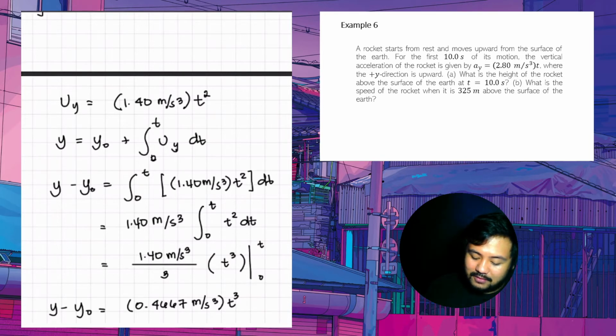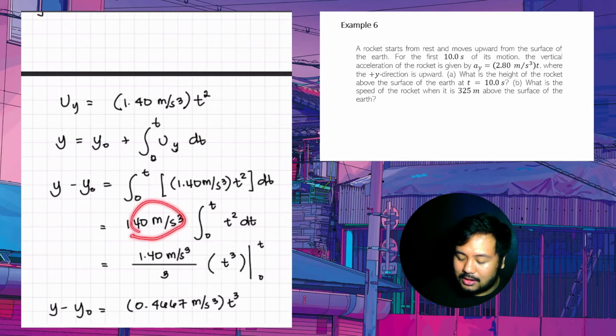So after substituting vy here, we now have the integral of 1.40 meters per second cubed t squared dt evaluated from 0 to t. Okay, so 1.40, this is just a constant. We could take that one out of the integral sign. So we now have 1.40 meters per second cubed, the integral of t squared dt evaluated from 0 to t. Again, the opposite of derivative is integral.